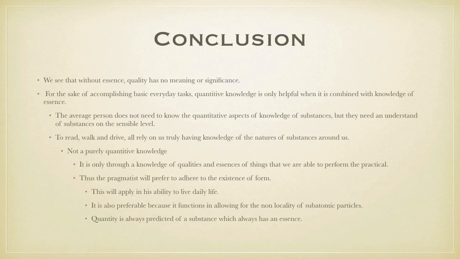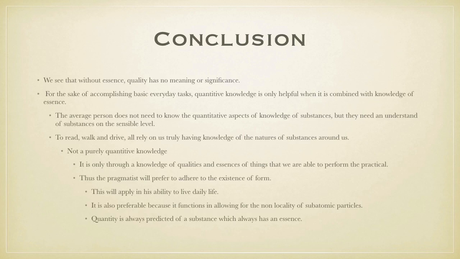Also, the scientist needs realism to read the instruments by which he attains his quantitative information. Also, theories of realism, such as hylomorphism, can explain certain problems in modern physics, such as the non-locality of subatomic particles, where reductionism has failed.